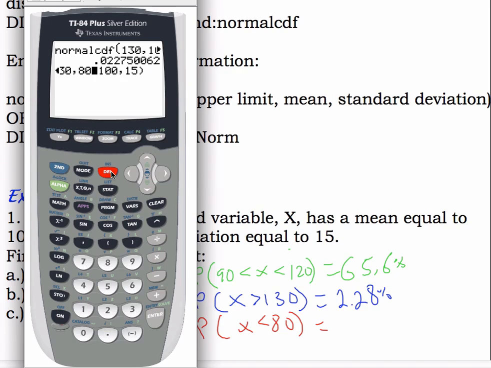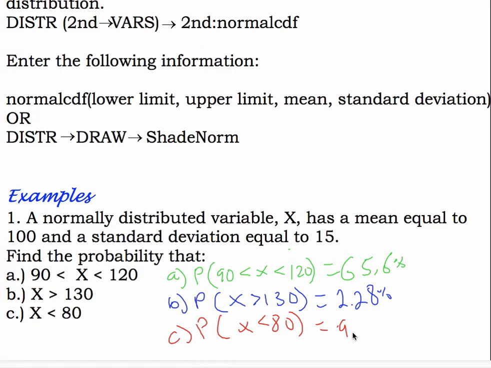Delete the other thing as well. Okay, there we go. And we'll go from 0 here. So that should work, and I'll press enter, and I get 9.12%. This is 9.12%.